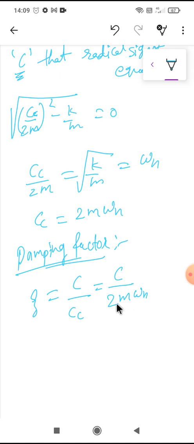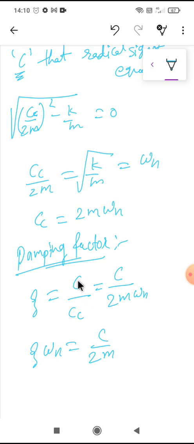Let's take omega n to the left-hand side. So what will the equation be? Zeta omega n is equal to C by 2m. So we will use this equation, that is, we will use zeta omega n for C by 2m.